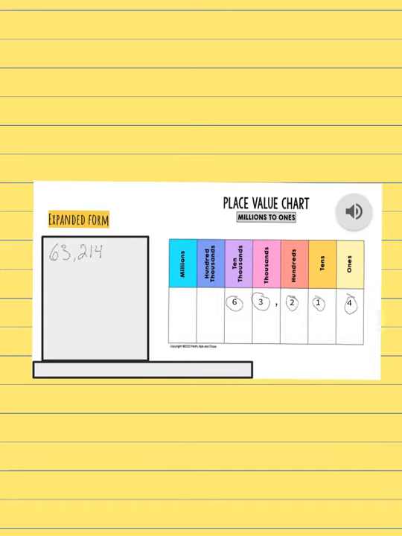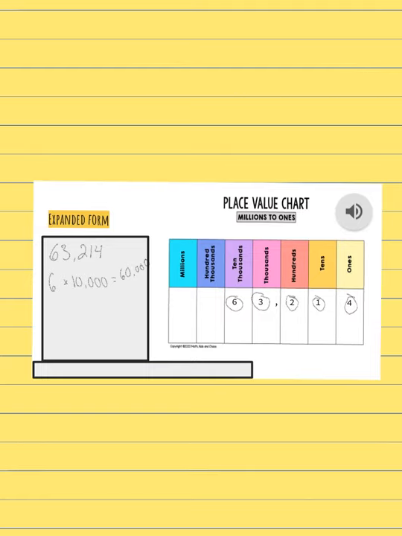So the first one we're going to look at is the biggest value. So we're going to look first at the 6 in the 10,000s, which basically means you have 6 copies of a 10,000. So really that means it's 6 times 10,000, which is equal to 60,000. That's 60 with 3 zeros.